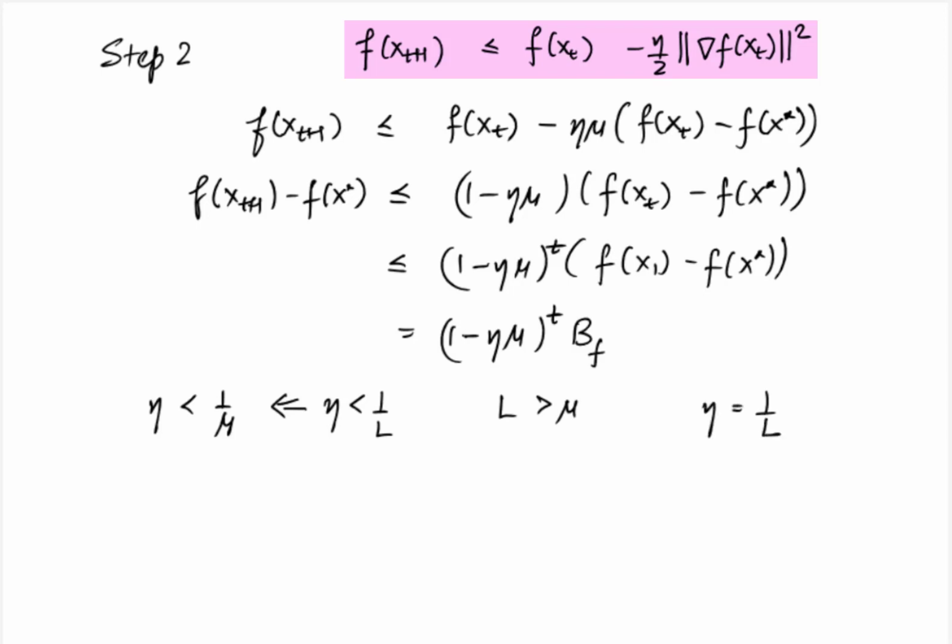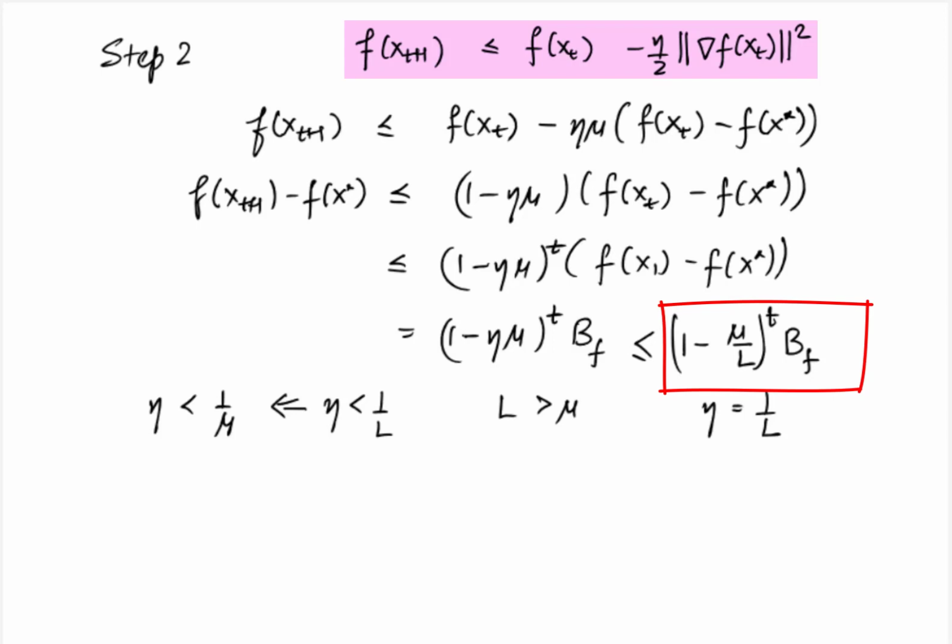So the final linear convergence rate looks like this: f of xt plus 1 minus f of x star, which is the optimality gap at xt plus 1, is less than or equal to 1 minus mu by L raised to the power t into Bf. So this optimality gap is decaying exponentially with t.